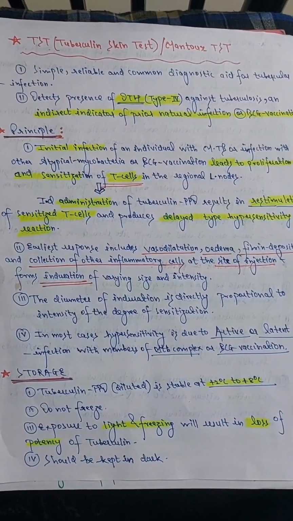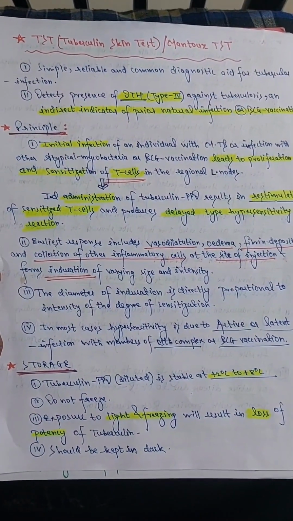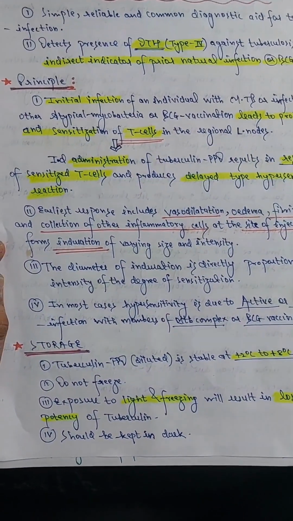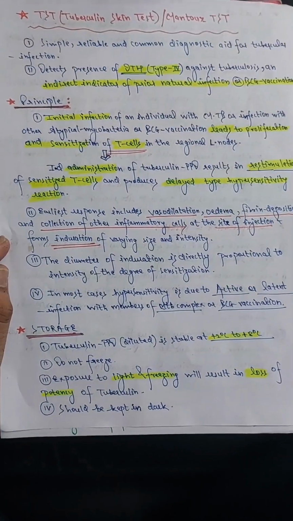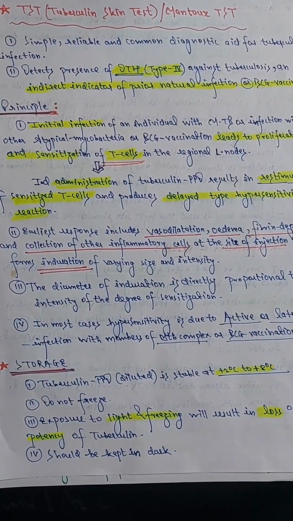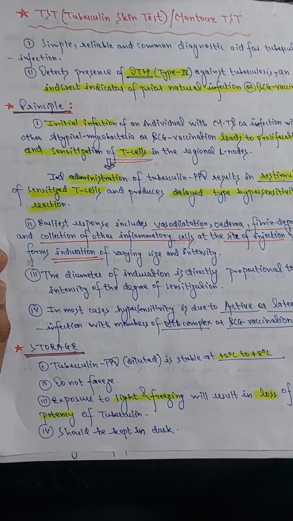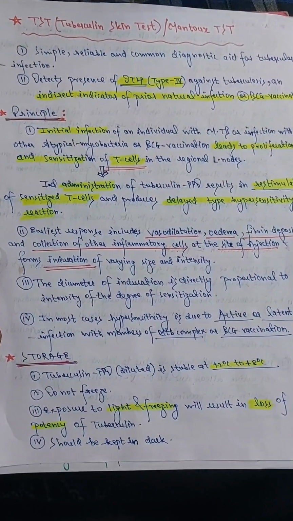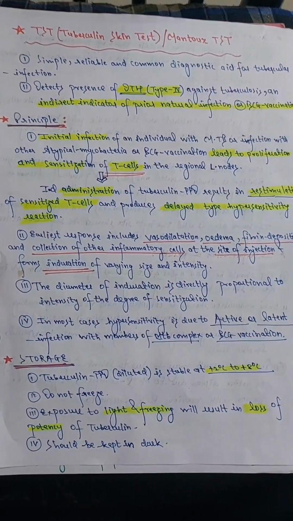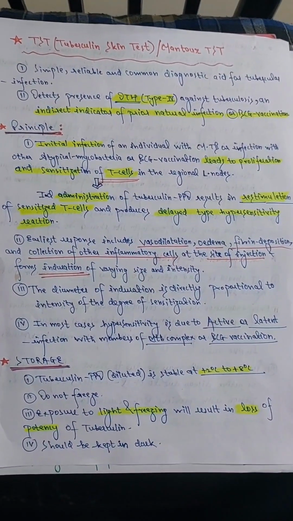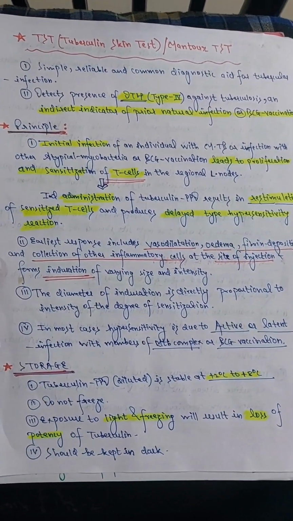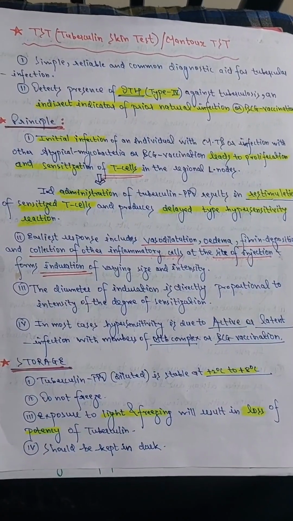The initial infection of an individual with Mycobacterium TB or infection with other atypical mycobacteria or BCG vaccination leads to proliferation and sensitization of T cells in the regional lymph nodes. After intradermal administration of tuberculin PPD, that is the purified protein derivative, there is re-stimulation of sensitized T cells, which produces a delayed type hypersensitivity reaction.